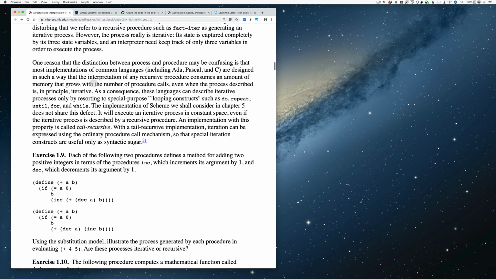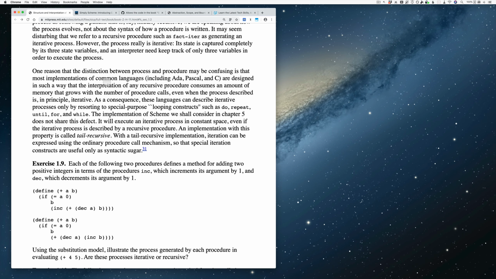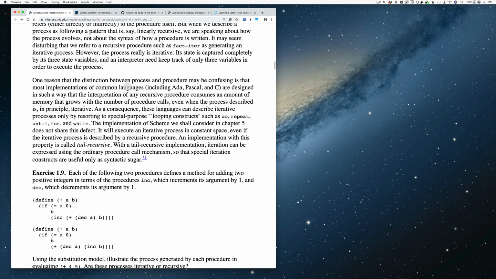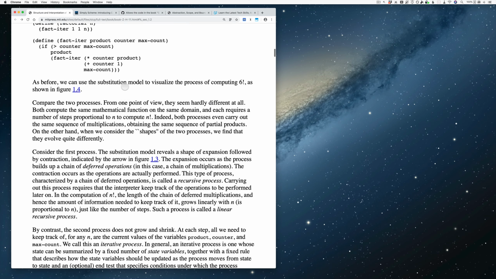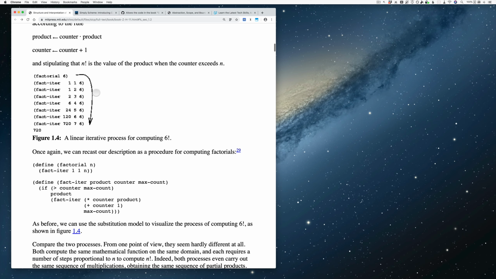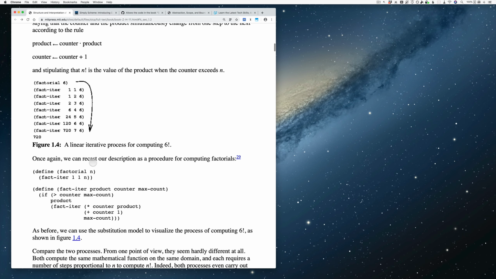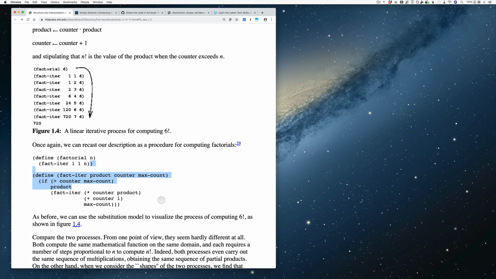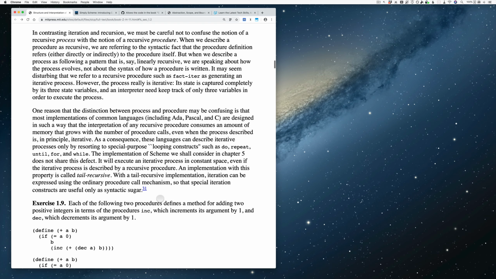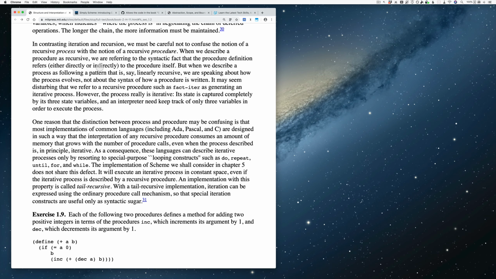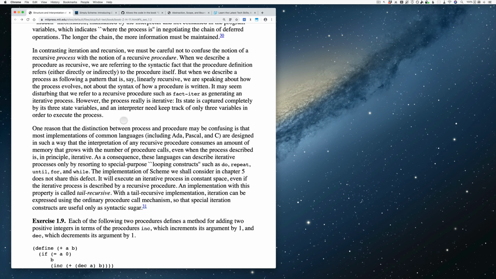designed such that they interpret something like a recursive procedure, such as the figure 1.4 procedure with max count, etc., which is in fact or in principle iterative.